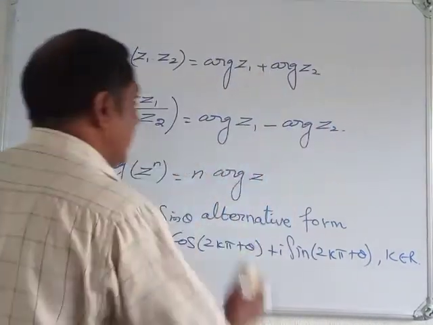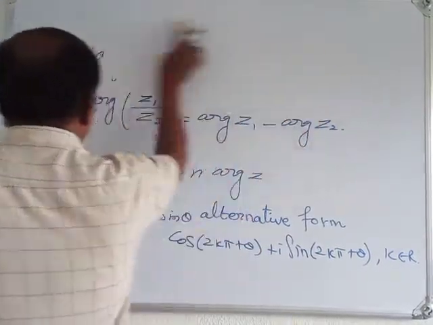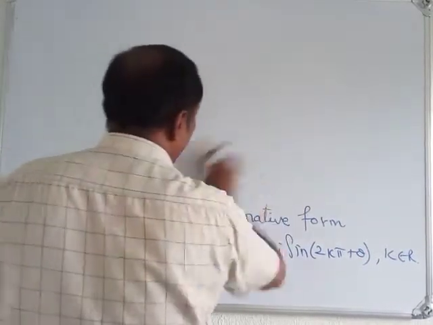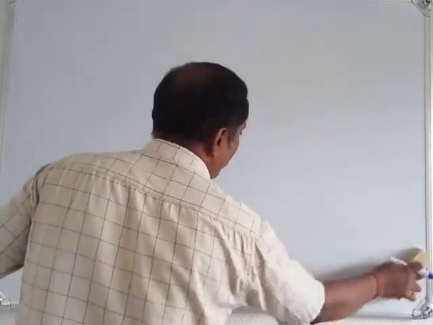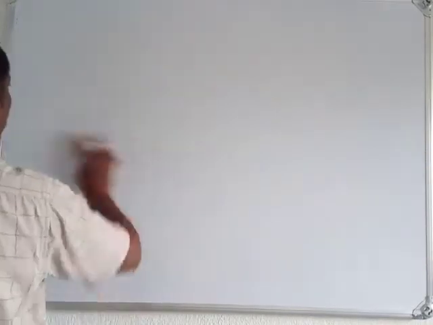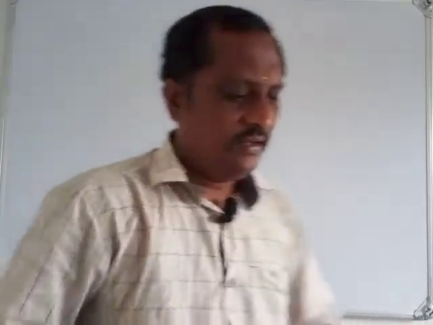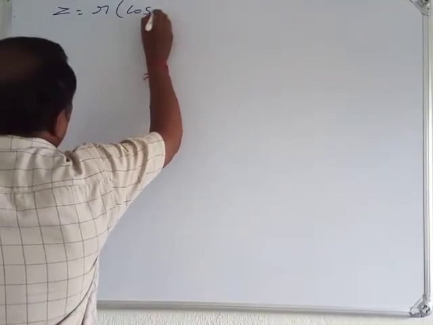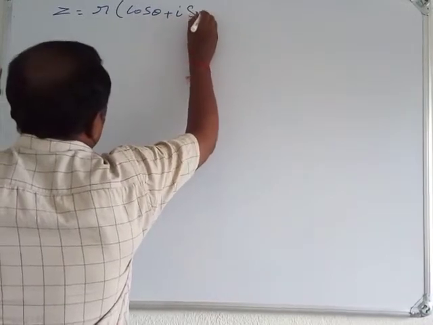Next we have to see the properties of complex numbers in polar form. So what is the first property, sir? First property: z is equal to r into cos theta plus i sin theta.